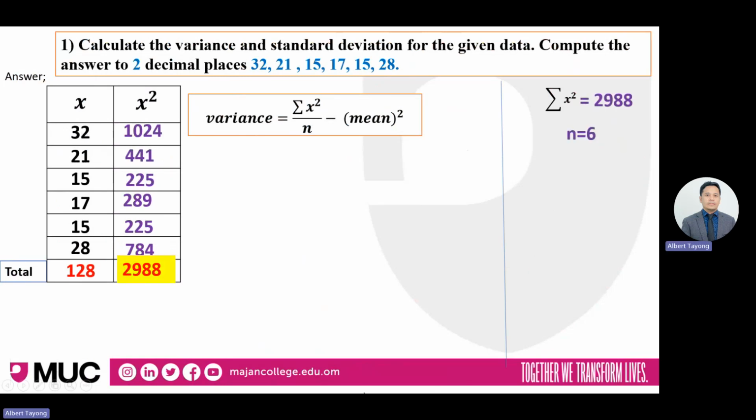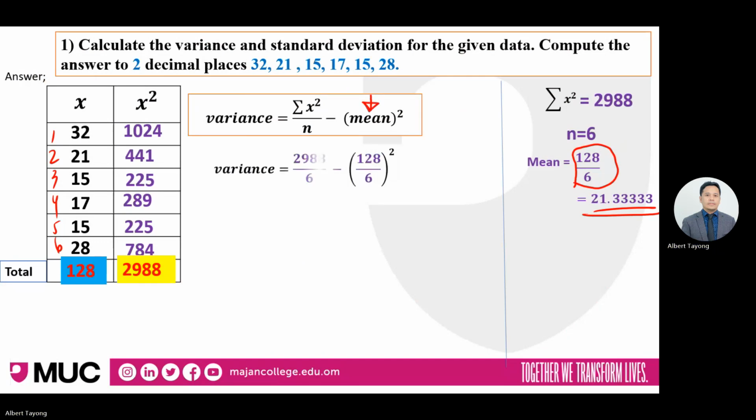Our n is 6. We have 1, 2, 3, 4, 5, 6. And the mean is 128 over 6. That is, of course, 21.333. You can put this, but to get the exact answer, please put this inside the open and close parentheses.